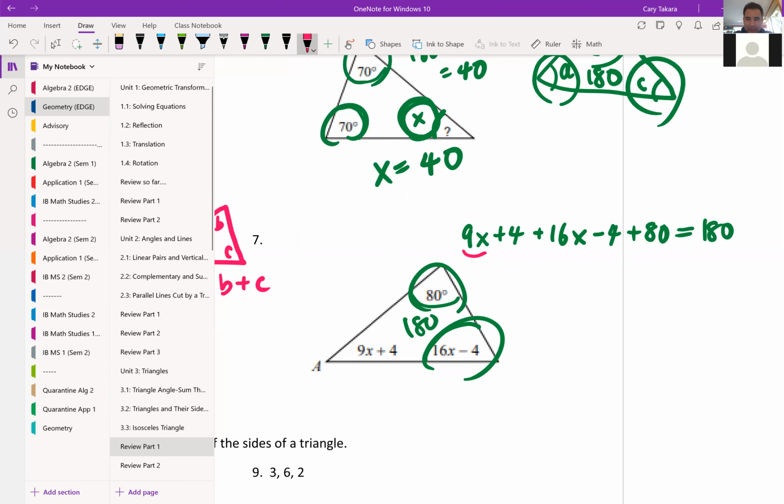Now we've got 9x and 16x, they're on the same side. So that's 25x. Positive 4 minus 4, that cancels out. So you just have a plus 80 equals 180. You guys follow that?